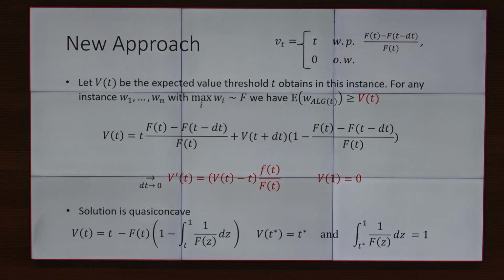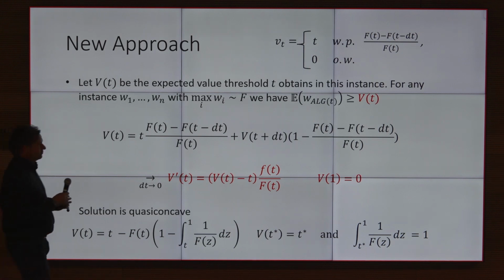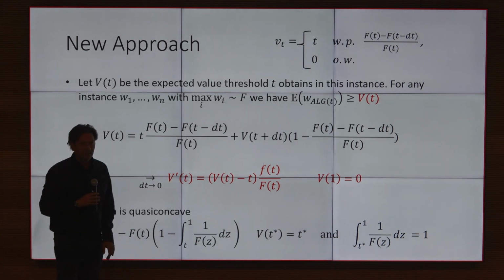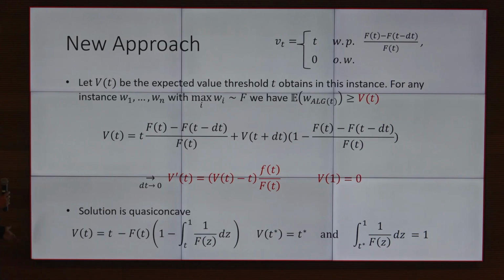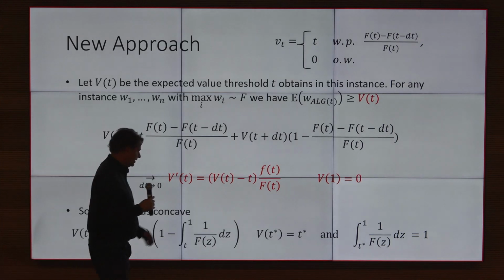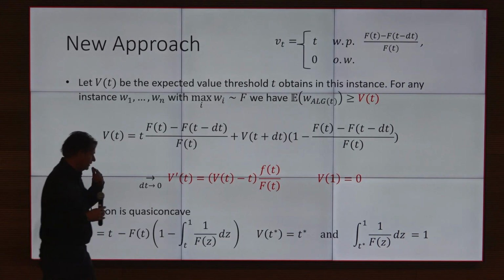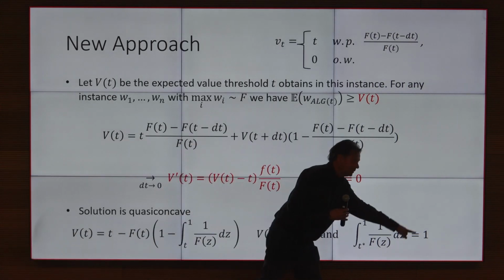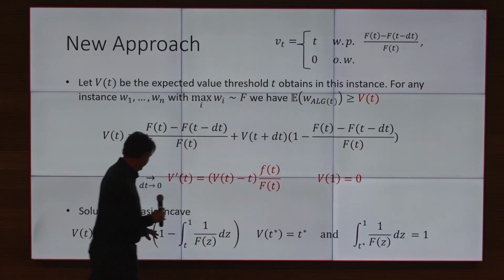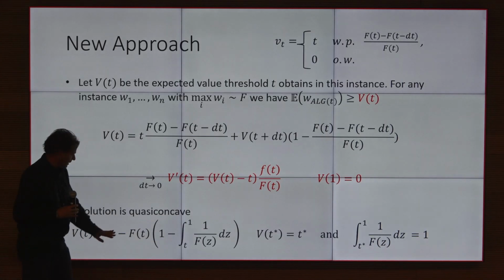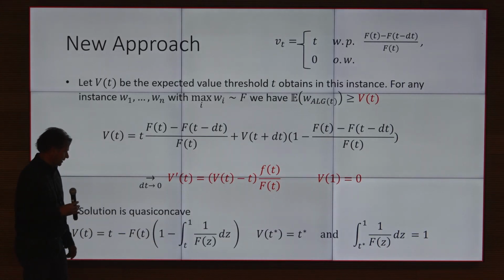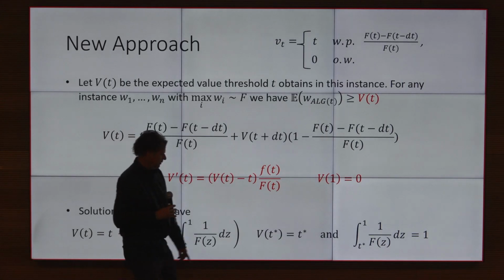Okay, very nice. So now we have a relatively simple ordinary differential equation. You can actually solve it explicitly. This is the solution. The optimality condition is that this is maximized. This is a quasi-concave function. It's not hard to prove that this is quasi-concave. It is maximized when this is true.